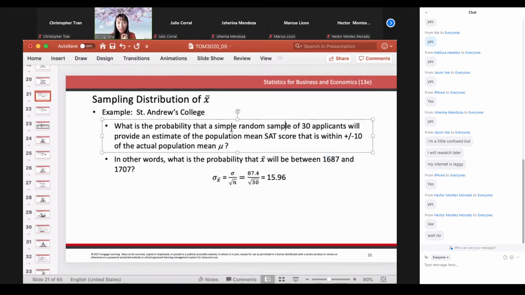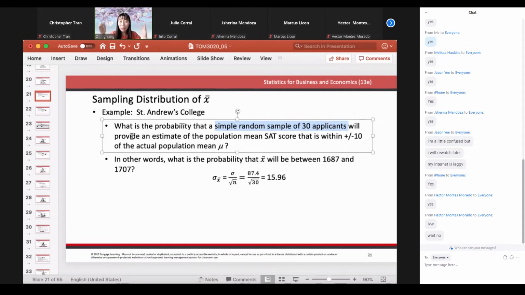Where you didn't get it very precise is, it is not a student score. Remember, we're talking about the sampling distribution. So each number here is a sample mean. We are talking about the probability that a simple random sample of 30 applicants will have the mean in between these values.